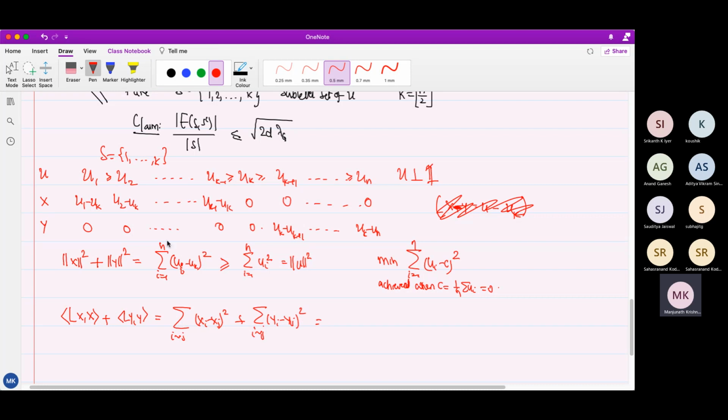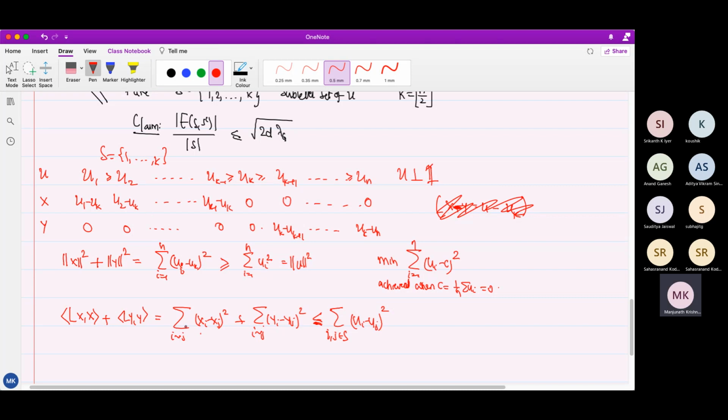But you see, for this thing xi minus xj, both are inside S, otherwise you'd get 0. Oh, okay, sorry. No. What am I saying? I want a less than or equal to. So if i and j are in S, this is the same as ui minus uj squared.